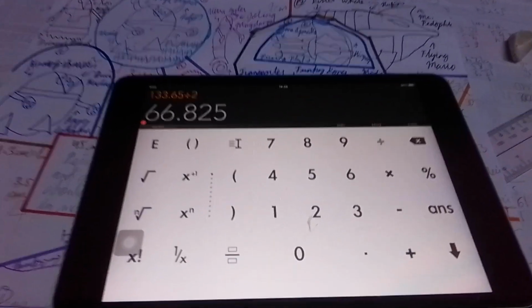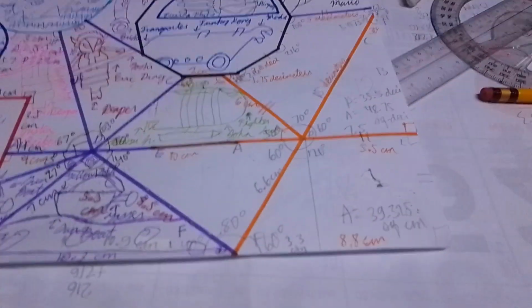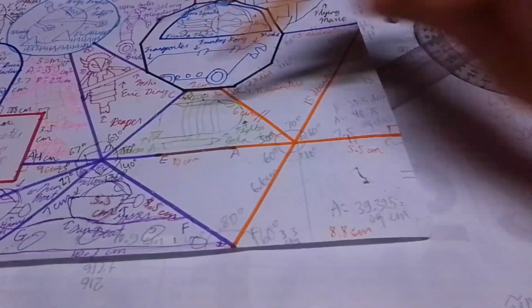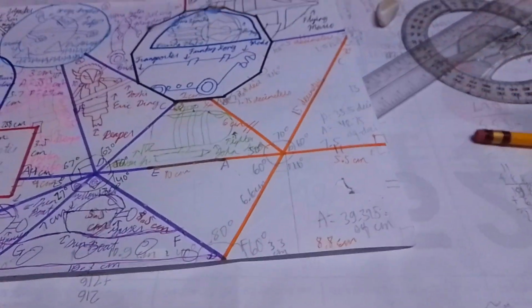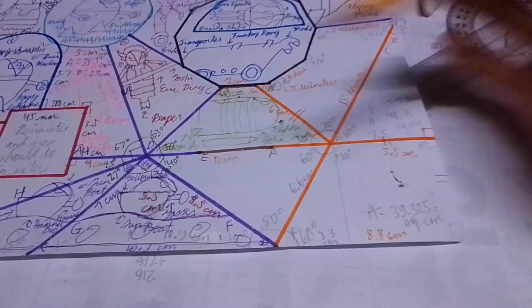However, take note that this 66.825 pertains to the area of this entire trapezoid that you see here. But if you want to get rid of this and just get the area of this, what do we do?